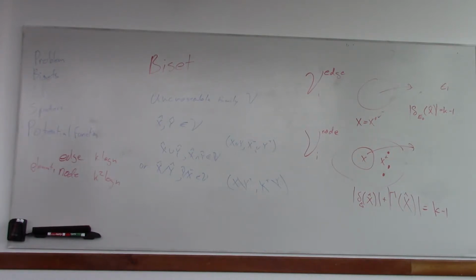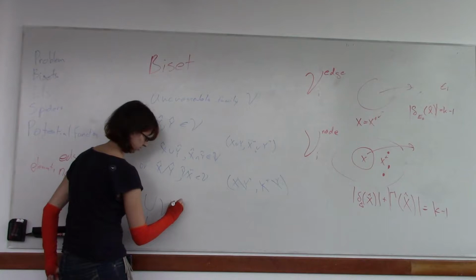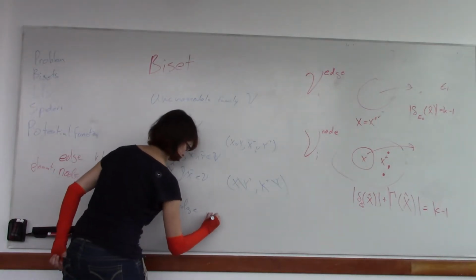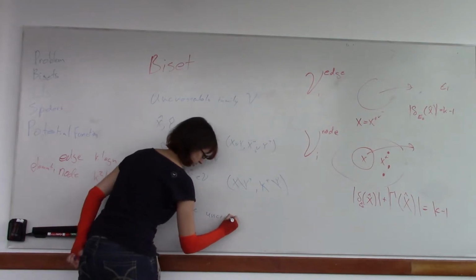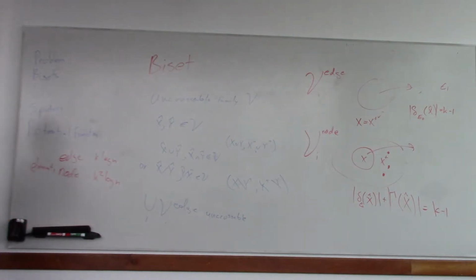You're not saying just for a single I? Right. So I say union over all I of this. I don't even have to throw anything else in. Then this is uncrossable. It's sort of like just the shortest path. Because if they cross, you could just uncross them.